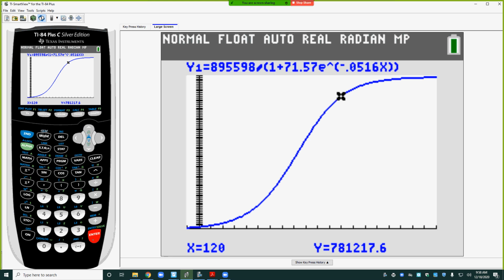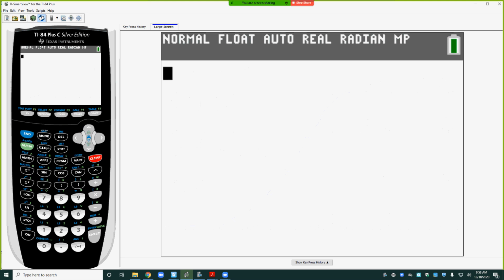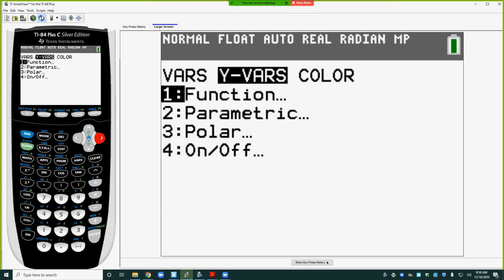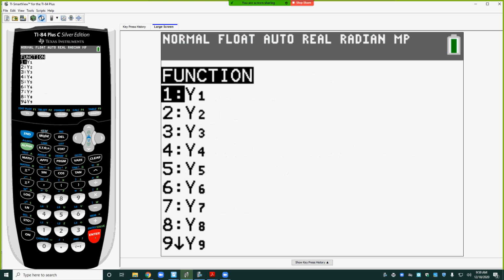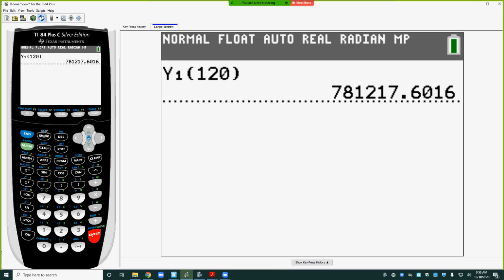I could also do it from the home screen, second quick. Those of you with the old notation are going to do bars, Y bars, function, Y1 of, in parentheses, 120. Those of you with the shortcut can do alpha F4. So I'm going to label my answer with people.